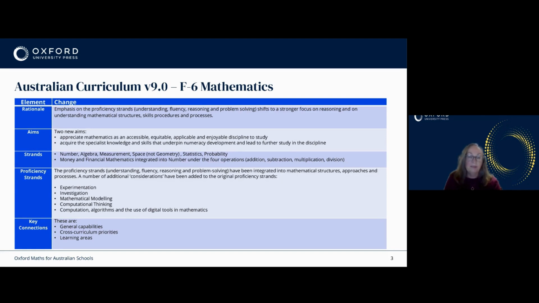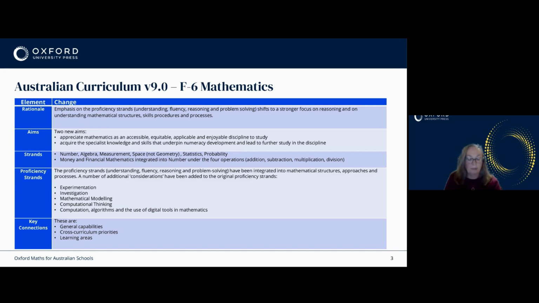It promotes the ability to connect maths to other disciplines and aims to develop a positive disposition towards maths in all students. Two key changes from version 8.4 are the strands, which have been separated into single strands, and the fact that the proficiency strands are now embedded in the content across the curriculum.